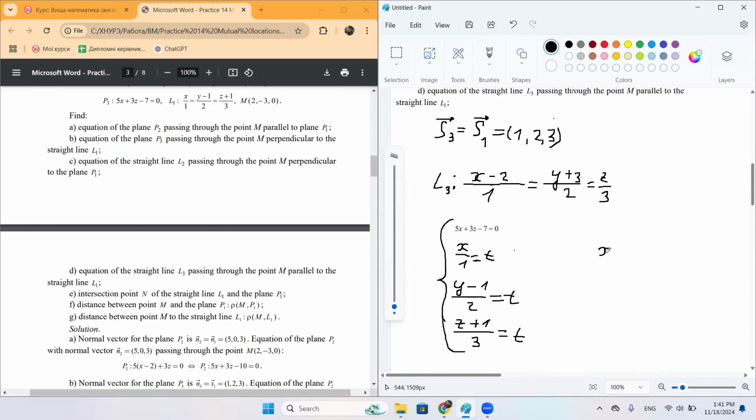So x equals t, y equals 2t plus 1, z equals 3t minus 1.